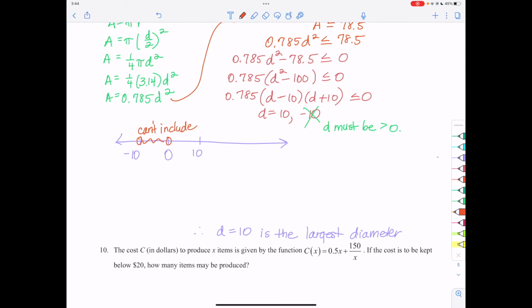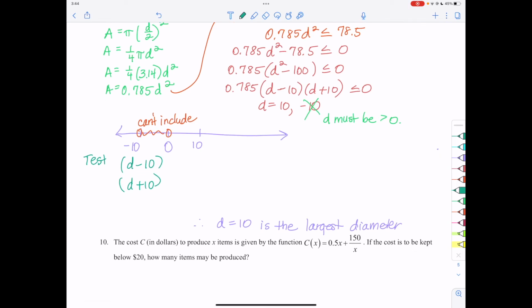So now let's just double check that we're correct. If we want to use our test values, and our test values are going to be d minus 10 and d plus 10, and plugging those in, if we choose a number such as, let's say 2, and then maybe 12, how about that?